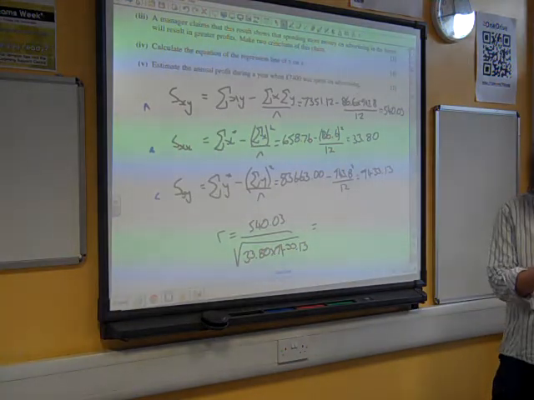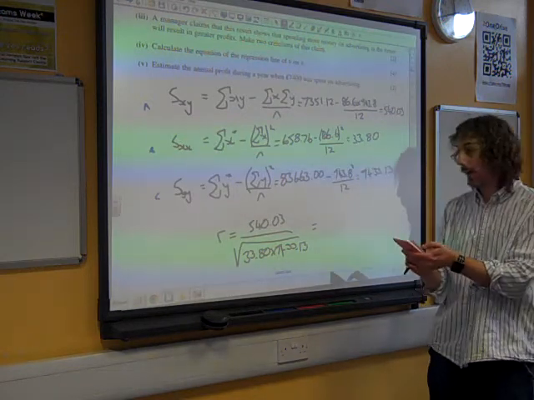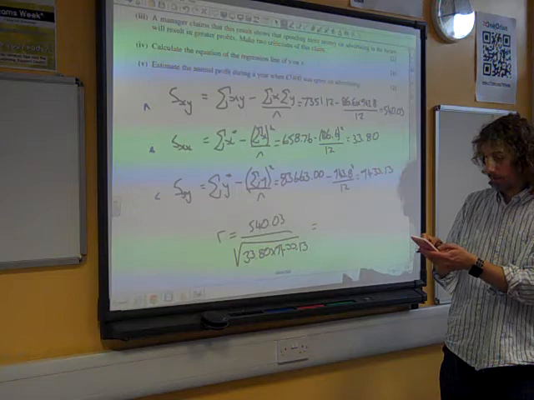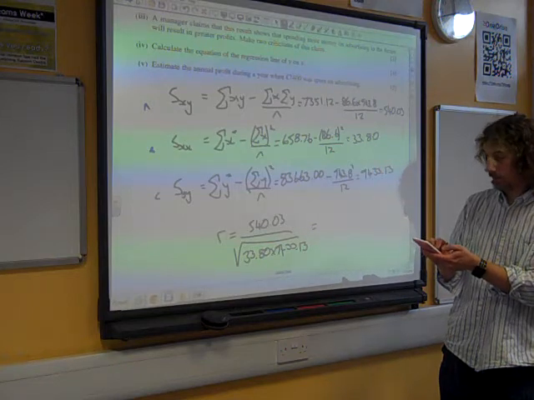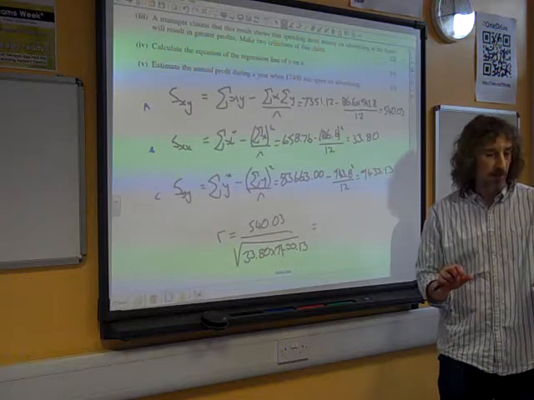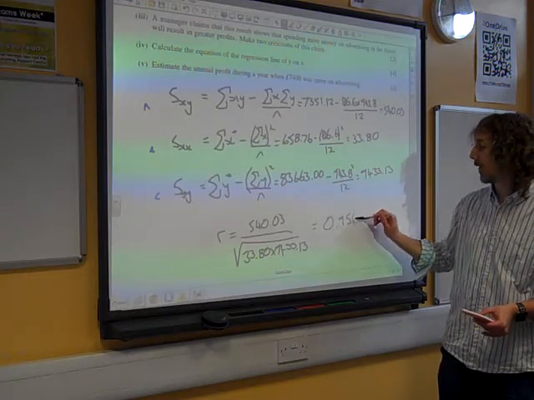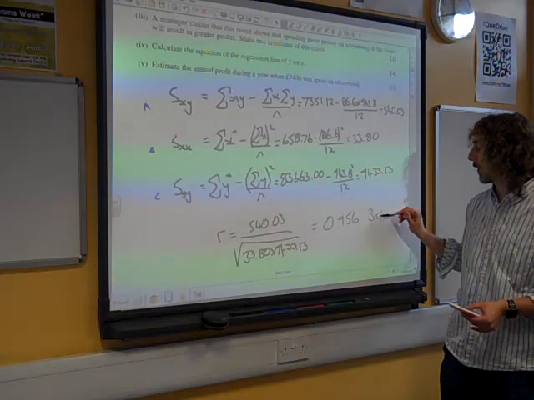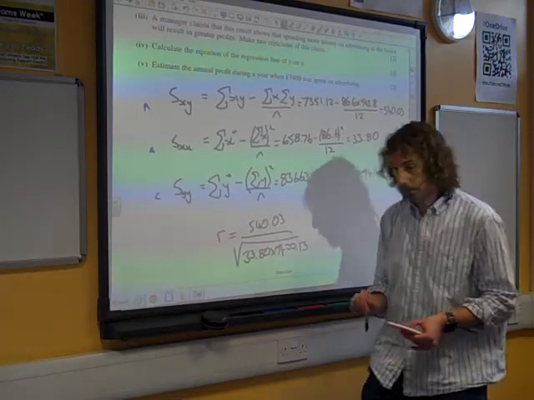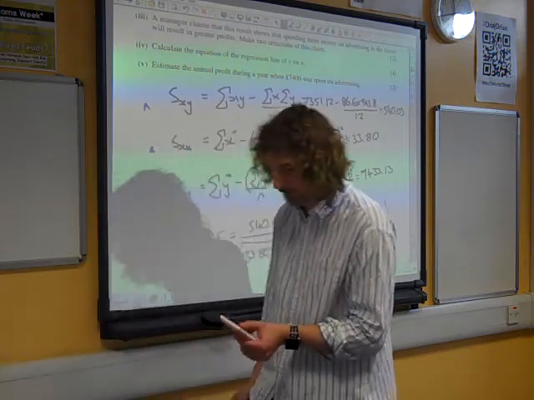And now, on my calculator, because I saved all of these, because I was clever with that, I've got alpha A over the square root of BC. And I get 0.956 to 3 significant figures, which is more than the 0.9 that they said it was going to be. And so we can feel happy about that.